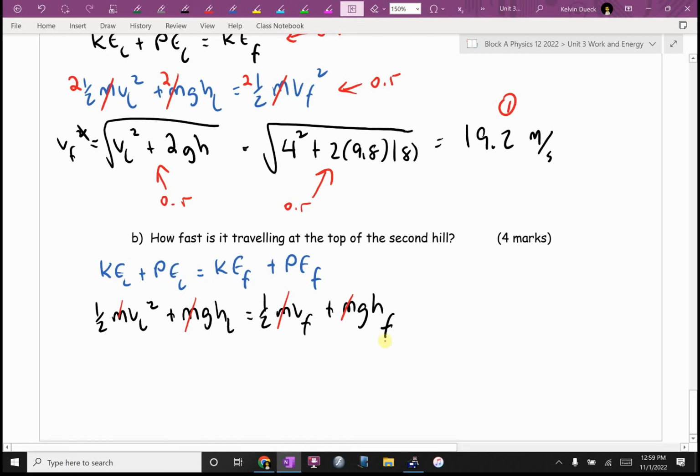This is around where my love for getting something by itself almost hits a wall. But maybe not. It's going to be 0.5 VI squared plus GHI minus GHF, all divided by 0.5, and that equals, I forgot the squared, VF squared.